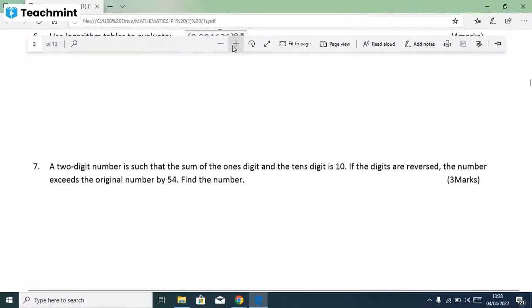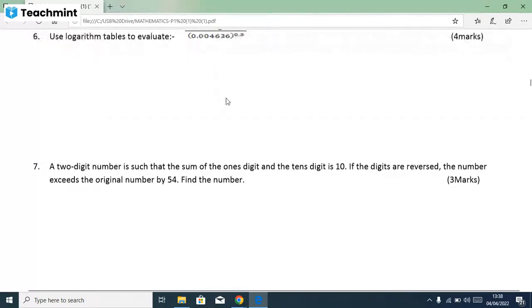I have no clue. Okay. Now, but are you getting the question? Yes. Write it somewhere because I want to go to another page. Write this question somewhere.